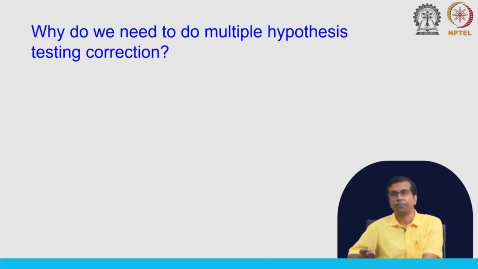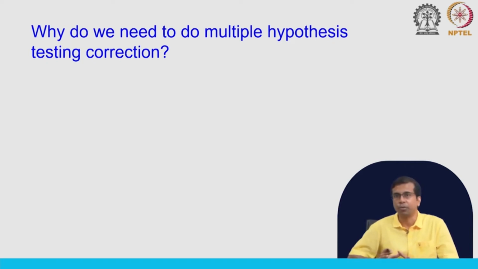Now, the question is, why do we need to do multiple hypothesis testing correction? As the name suggests, when you are testing a large number of hypotheses, you should do this correction. And by the way, this is not just applicable to differential gene expression analysis, or to biological or medical science; this is applicable everywhere. In today's age you are probably testing a lot of hypotheses, and you need to do this multiple hypothesis testing correction, otherwise you will get erroneous results and erroneous inferences.